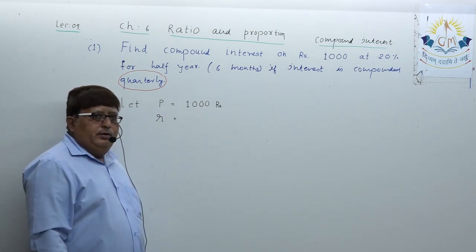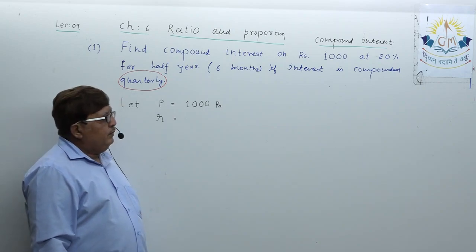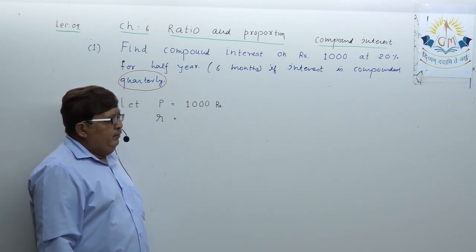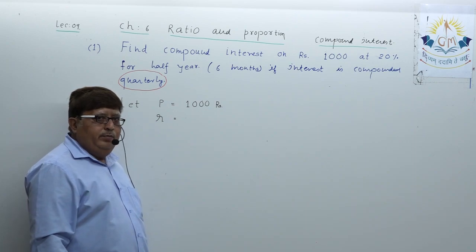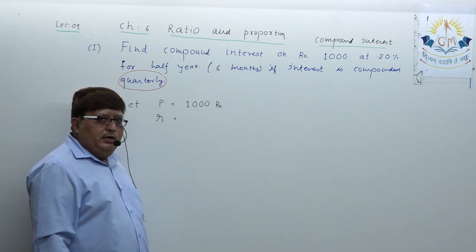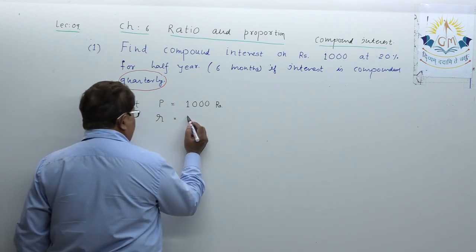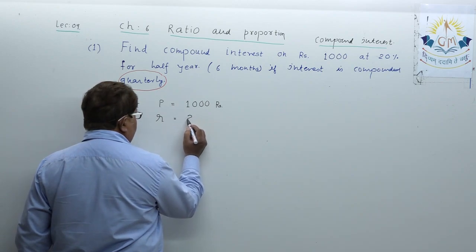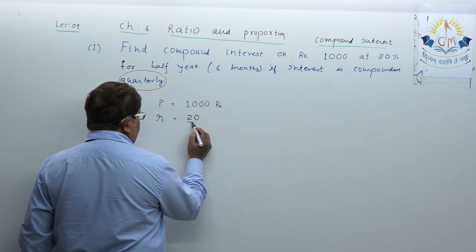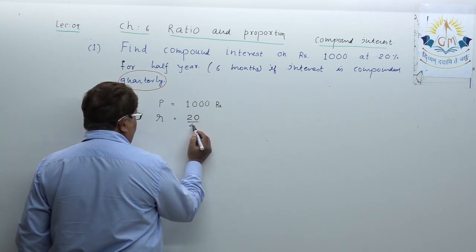Rate of interest has been mentioned 20%, but you are going to count the interest quarterly. Understand? That means you have to divide the rate of interest by 4.